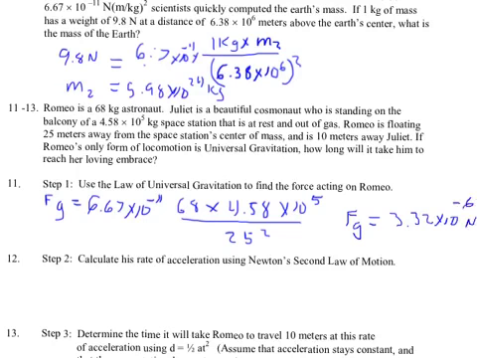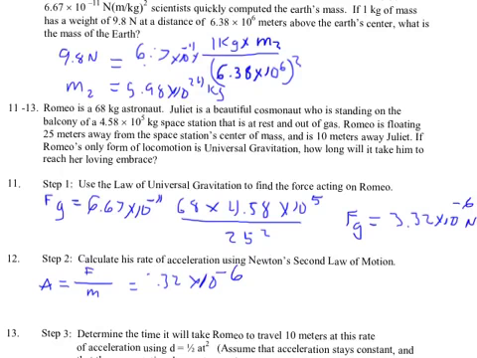Small, but there. And if there's a force, there is acceleration. So therefore, let's calculate his acceleration using the second law. Well, acceleration, if you recall, goes up with force and down with mass. So therefore, the force of gravity acting on the astronaut is 3.32 times 10 to the negative 6th.